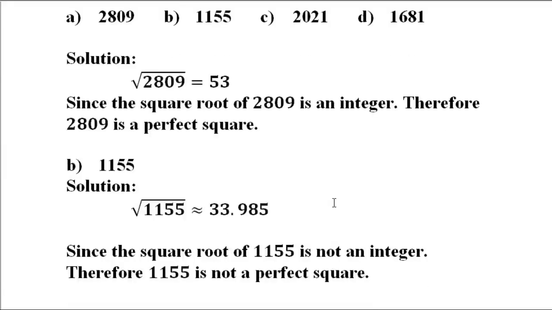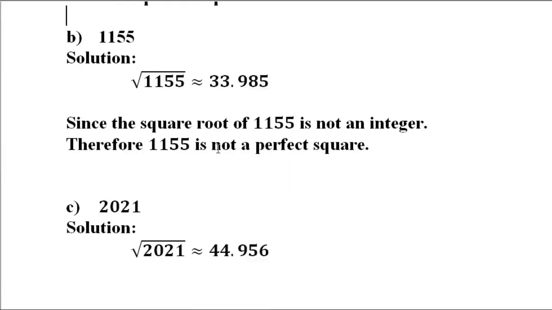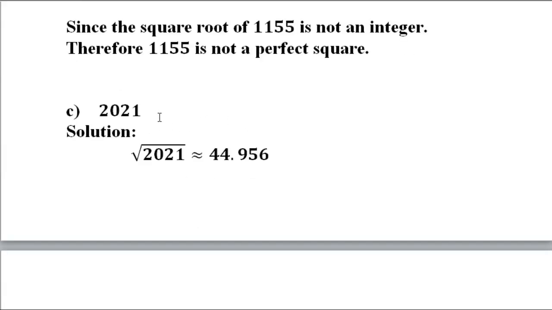The second number is 1155. The square root of 1155 rounded to 3 decimal places is approximately 33.985, which is not an integer. Therefore, 1155 is not a perfect square number. Moving on to number 3, we have 2021.